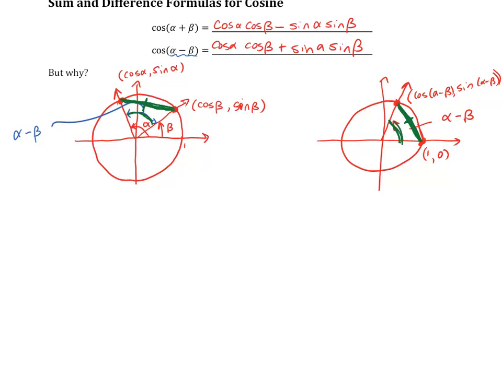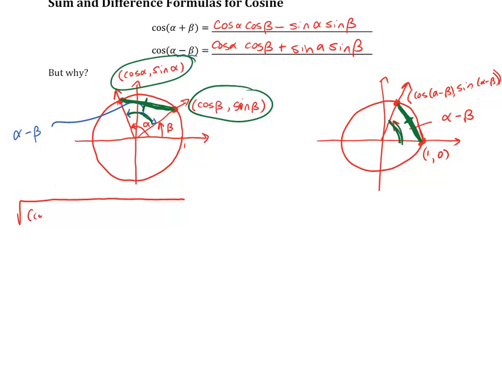And here's how we're going to do it. Let's write down the distance between those two points. What is the distance from this point to this point? We're going to use the distance formula that we learned way back when. So let me write this in red. We've got the square root of the difference of the x's, x2 minus x1, squared, plus y2 minus y1 squared.